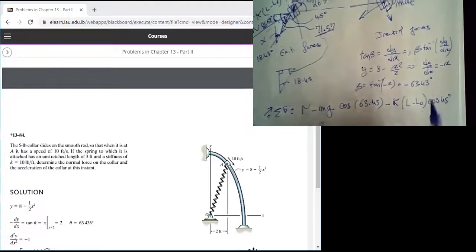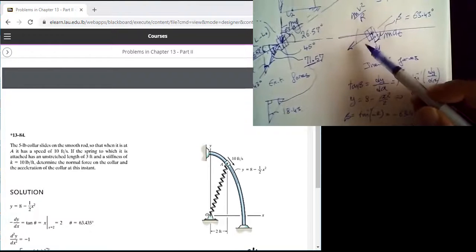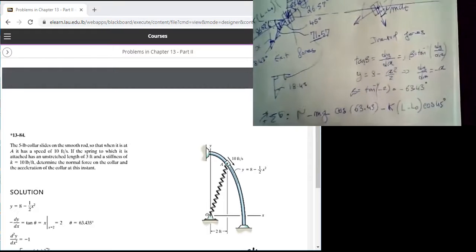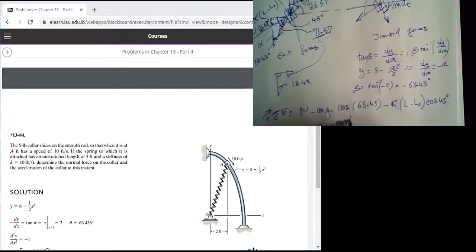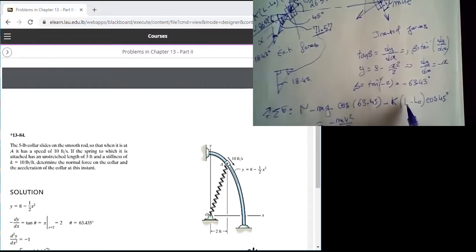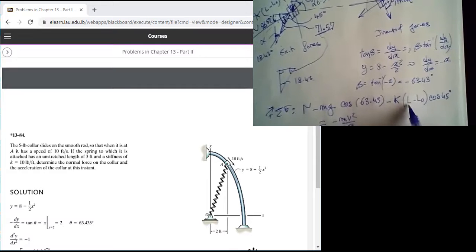Is equal to what? Minus mv squared over r. 100%, minus mv squared over r. What is L, by the way? They gave us L minus L0; here they gave us L0. L0 is equal to 3, right? L0 is 3 feet, right?